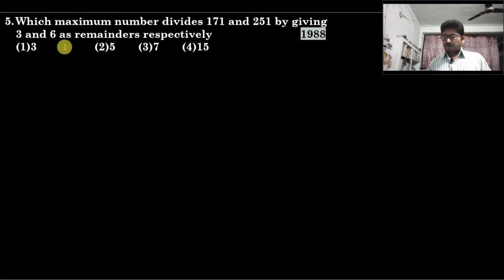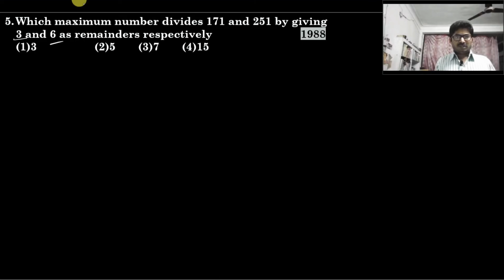Question number 5. Which maximum number divides 171 and 251, giving 3 and 6 as remainders respectively? When dividing these numbers, we have to get remainders 3 and 6.